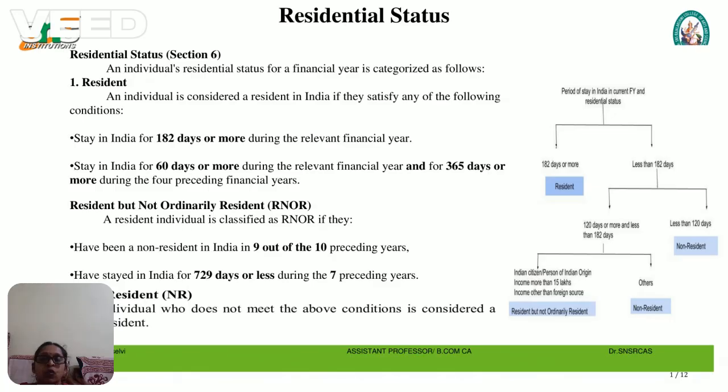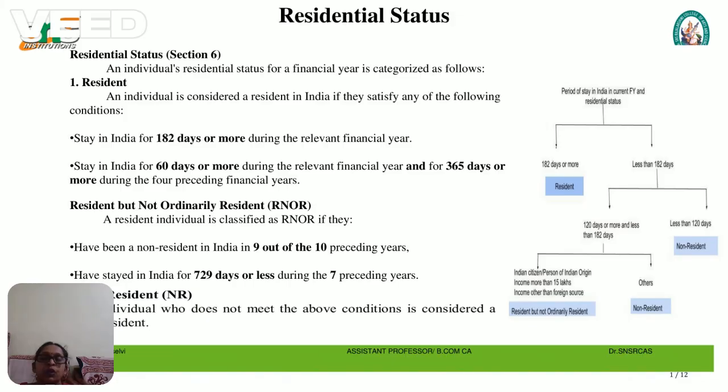Then he is called a resident under section 6 subsection 1B. This is the second condition. If he fulfills either the A condition or the B condition, he is called a resident under section 6 of the Income Tax Act 1961.